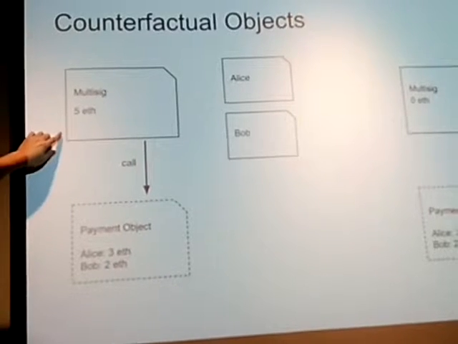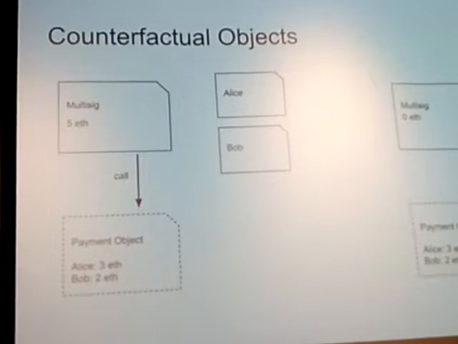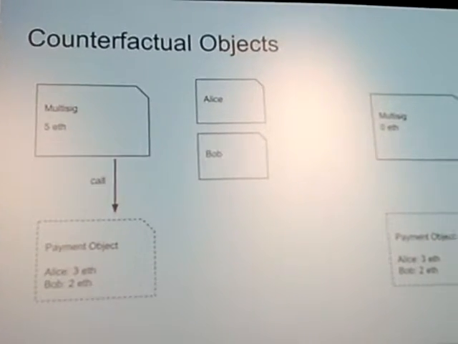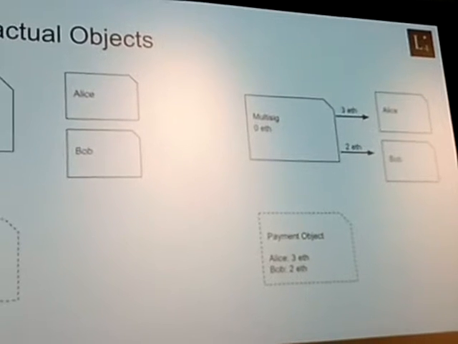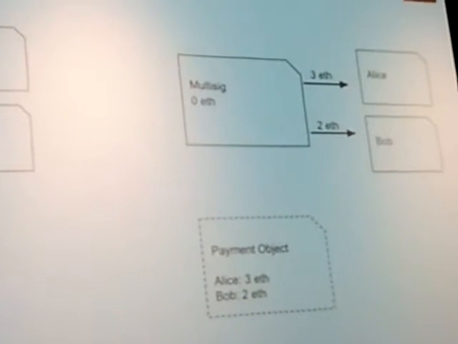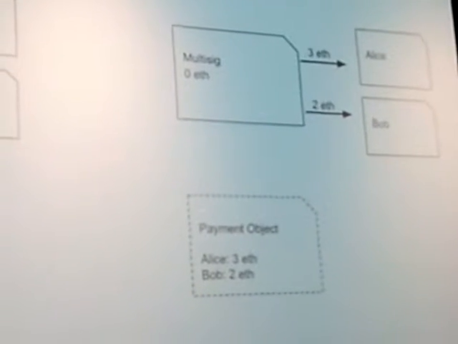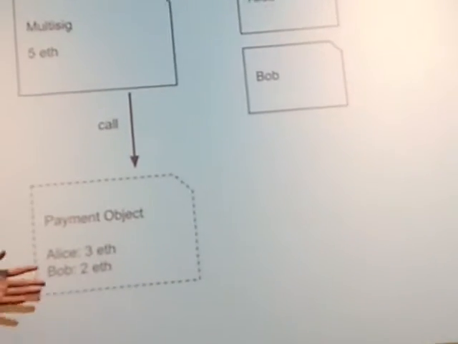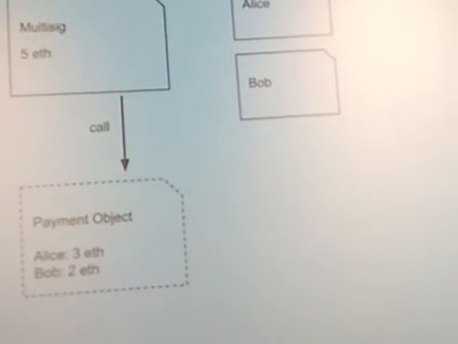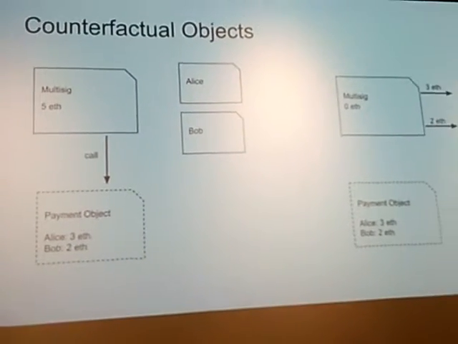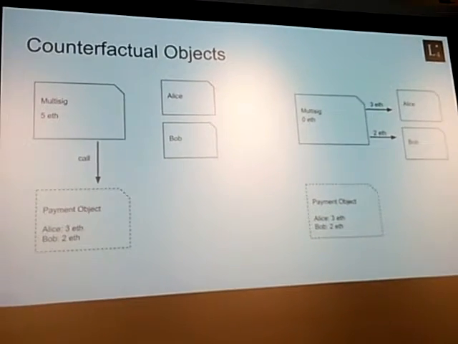So what the multisig does is a call, like a message call in Ethereum, to read the state of this thing, and then after that it sends 3 ETH to Alice and 2 ETH to Bob based on the state of this contract. So in this diagram, the payment object has actually been deployed because there was a dispute. But during normal operation, it's a counterfactually instantiated object, which means that it doesn't actually exist on chain.